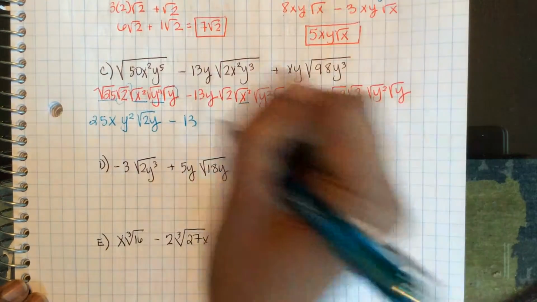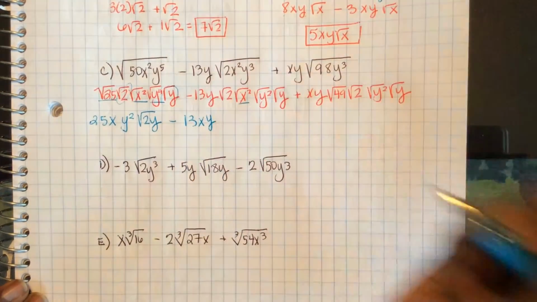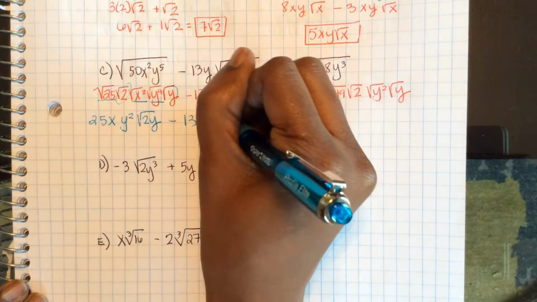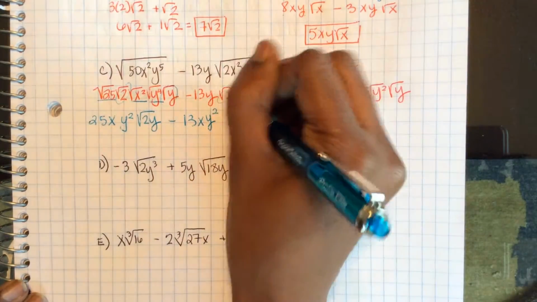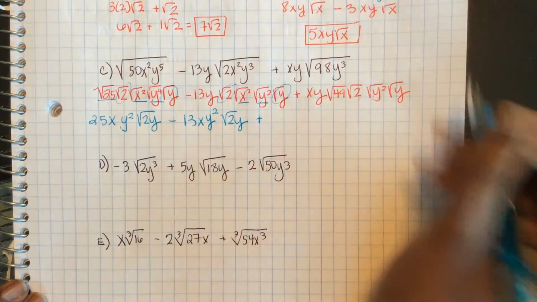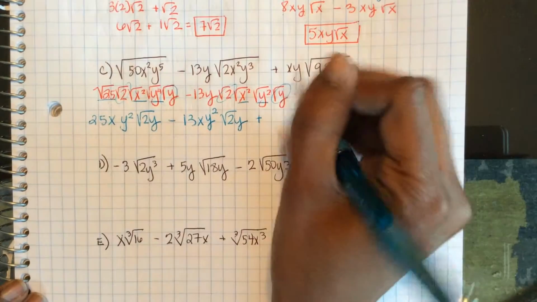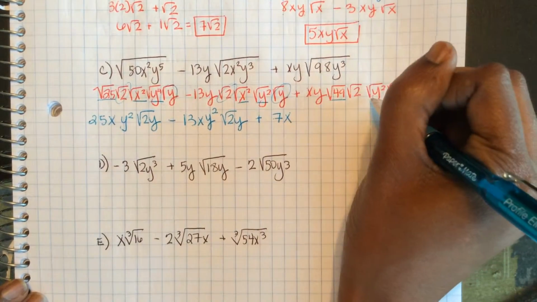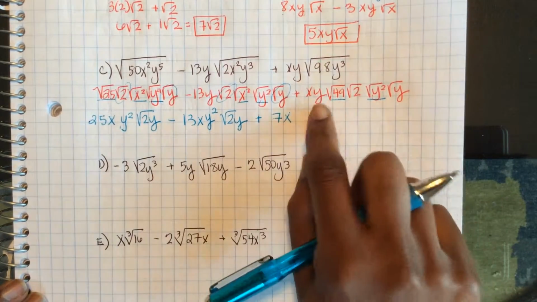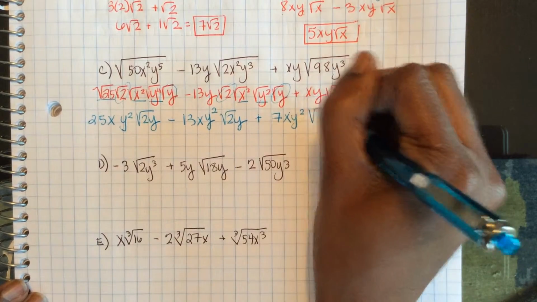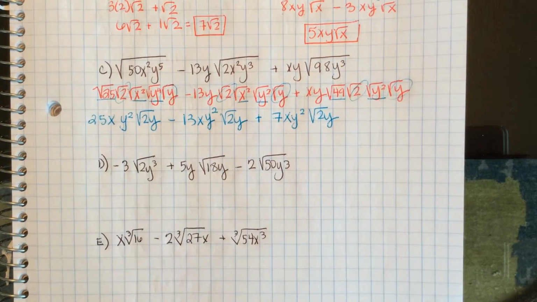Square root of x squared is x, and I'm going to bring down this y, but the square root of y multiplies it to make y squared, and that leaves square root of 2y. And then plus, let's see my constants first, square root of 49 is 7. I have an x. Square root of y is y times y makes y squared, and that leaves square root of 2y in my radical.